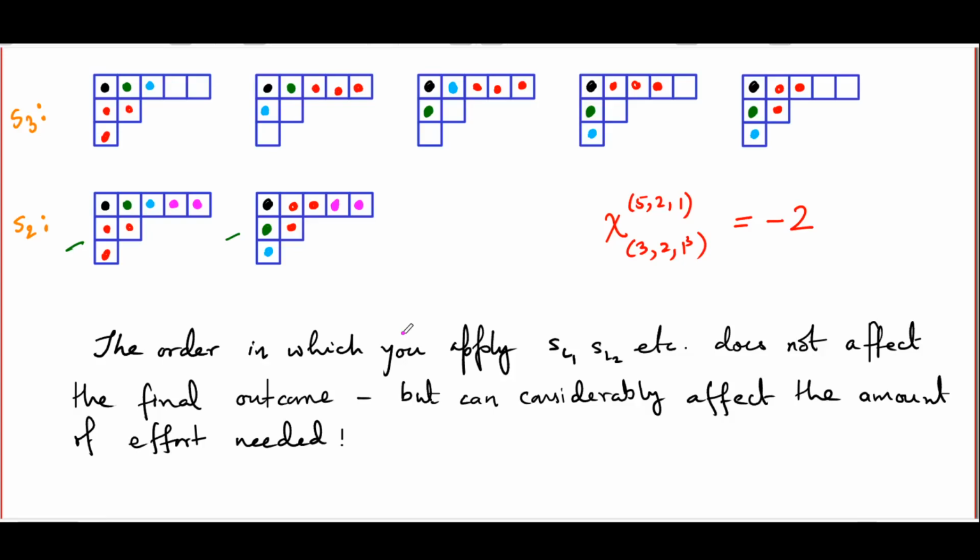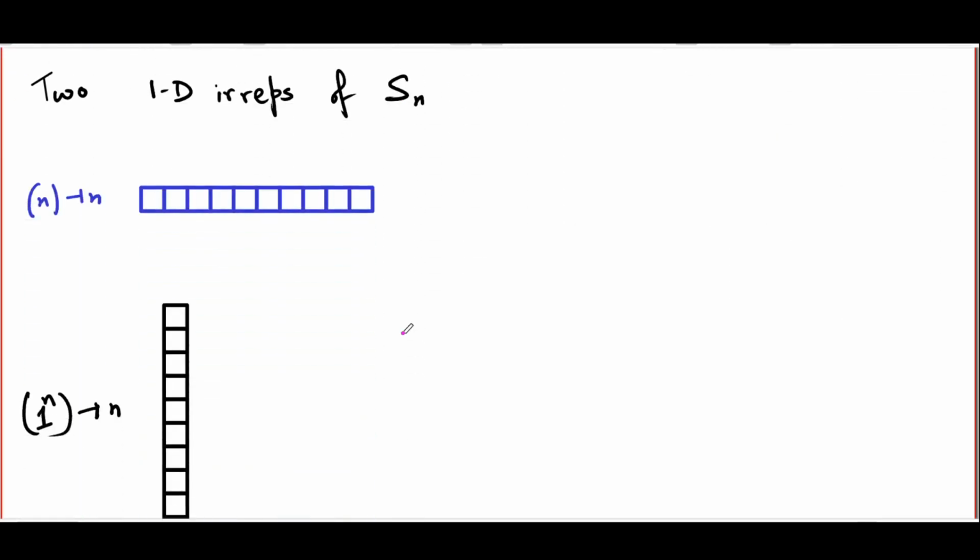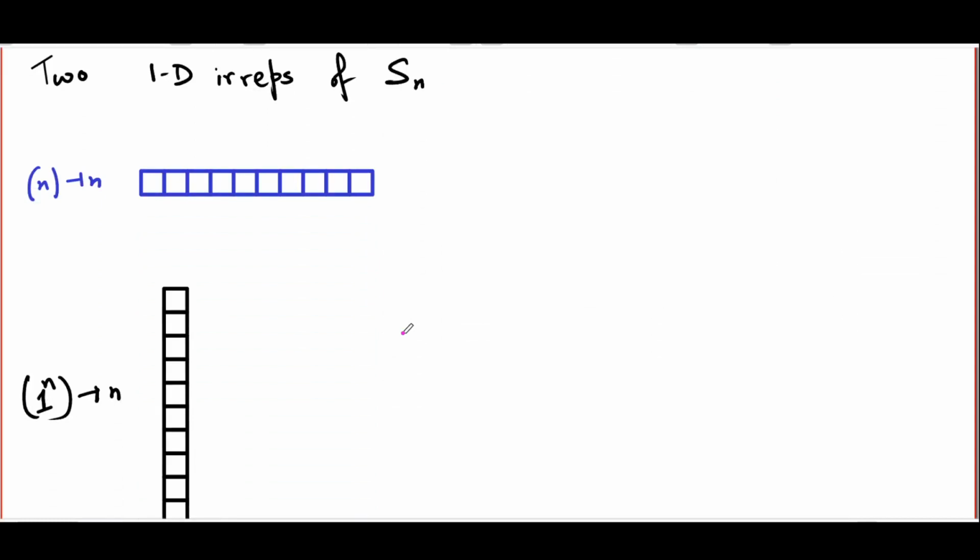We will begin with a very special and simple example. There are 2 particular partitions of n for which the corresponding irreps turn out to be very simple. In fact, these are the 2 one-dimensional irreps which every Sn has, and they correspond to the two partitions, one in which the number n is written as just equal to n, and the other in which the number n is partitioned into n ones.